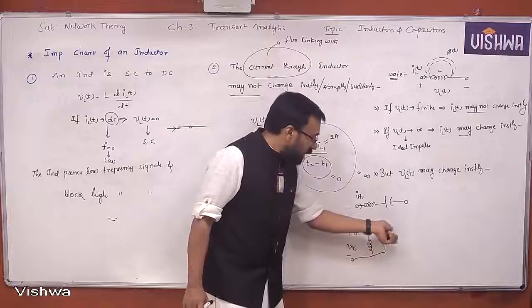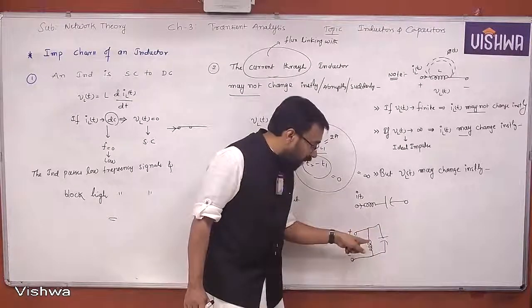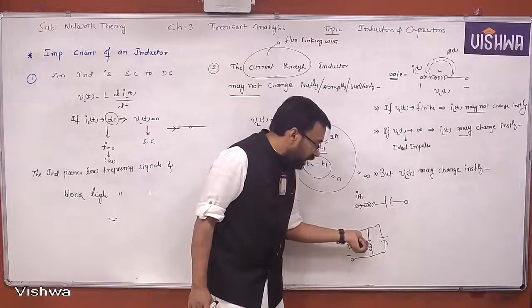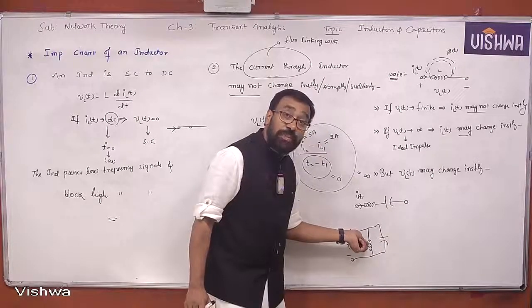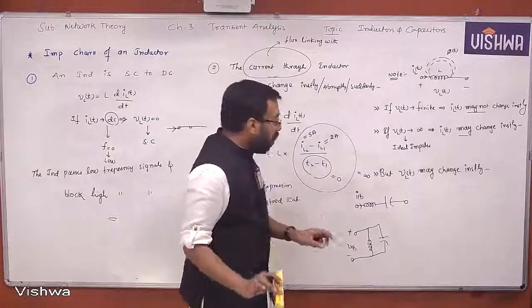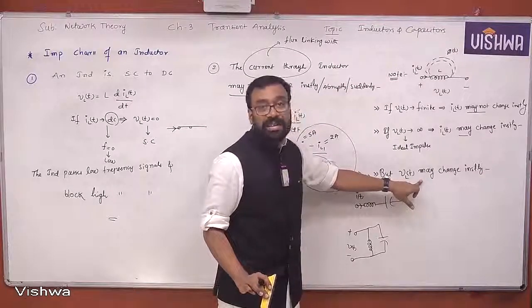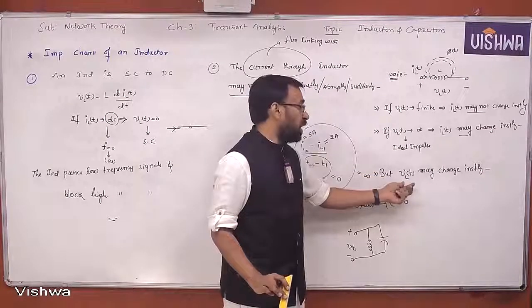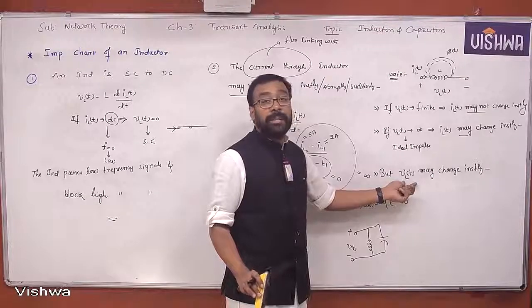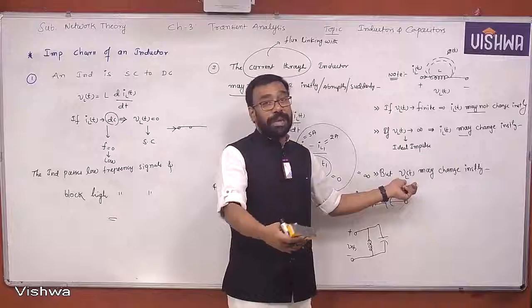If the voltage across the capacitor may not change, now in this particular context, in the parallel combination, the voltage across the inductor also may not change. That is why I am carefully writing: without the presence of any capacitor in parallel, I can say voltage across the inductor may change. But in case a capacitor is there in parallel, then it may not change.